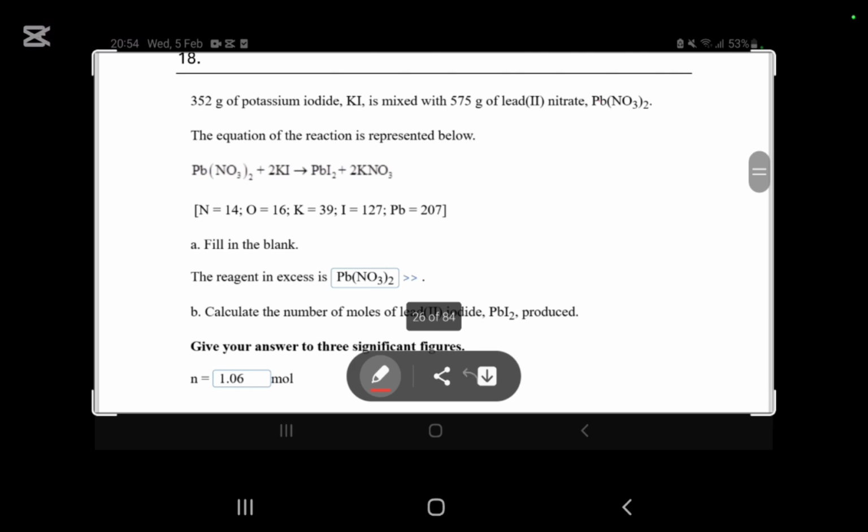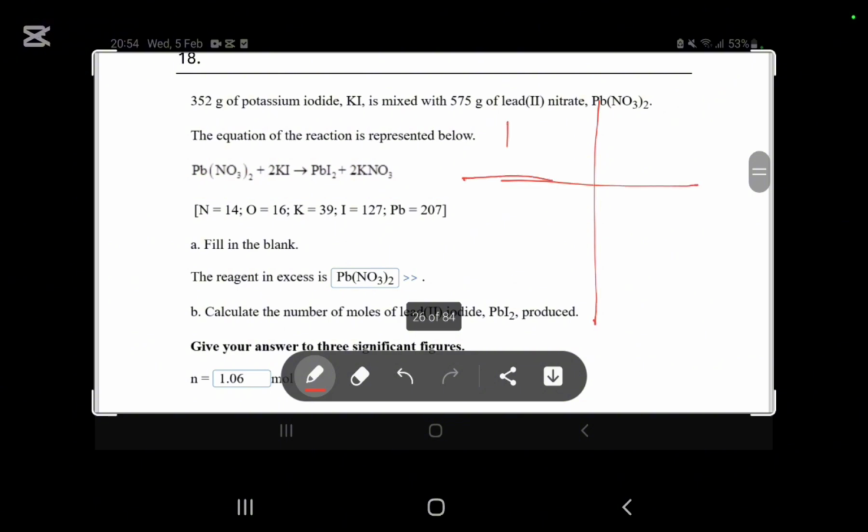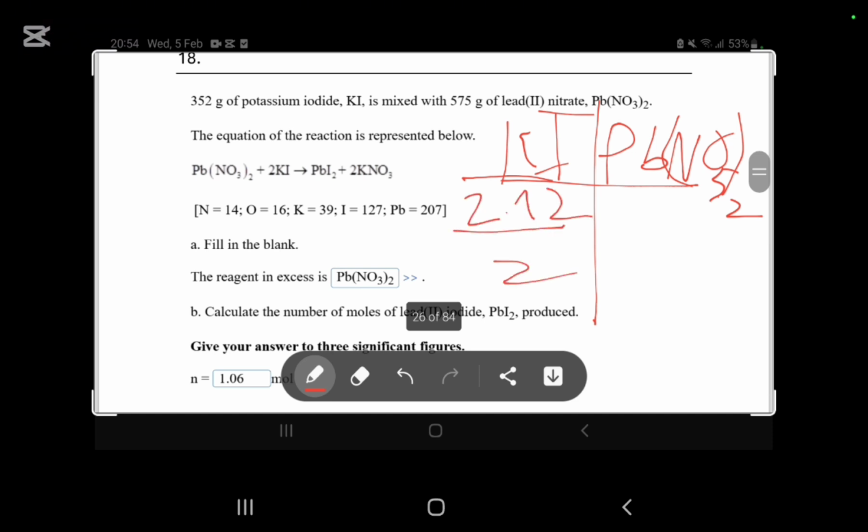First of all, we're gonna have to find the limiting reagent, KI, then Pb(NO3)2. So 352 divided by 127 plus 39, which will give us 2.12 over 2, 1.06.